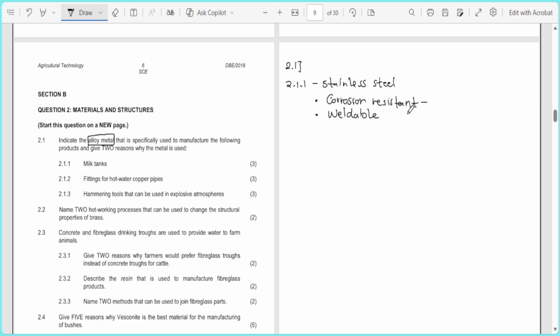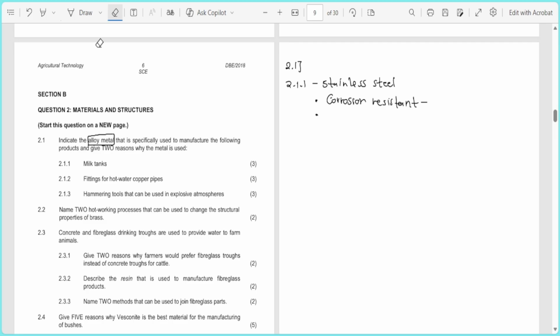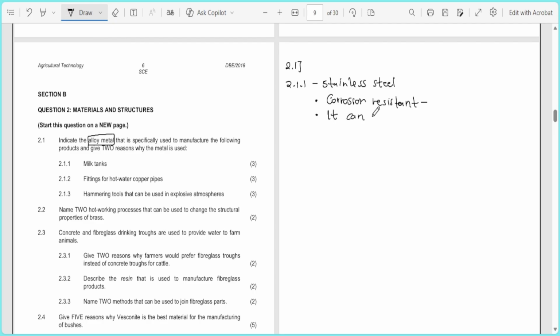Weldable. Yeah, it can be welded. Or let me just say it can be welded well.